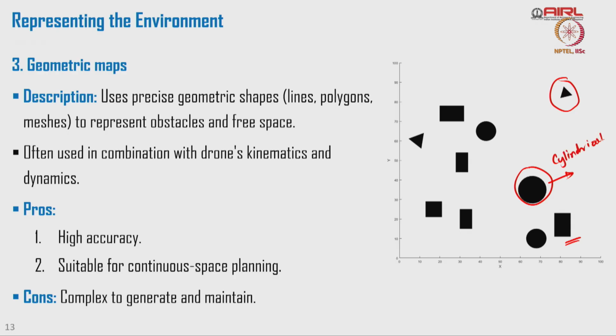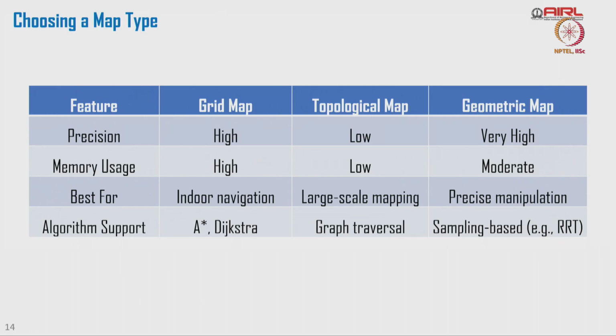Often it is used in combination with the drone's kinematics and dynamics, so those constraints are also incorporated. It provides high accuracy, because you can see what kind of obstacles in which shapes are located where, and it is suitable for continuous space planning. However, generation is complicated.